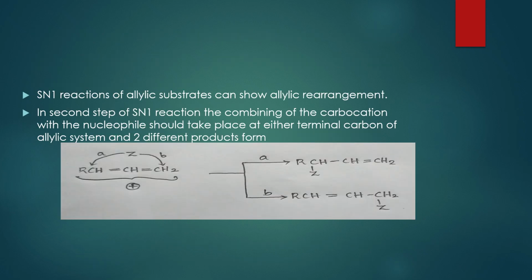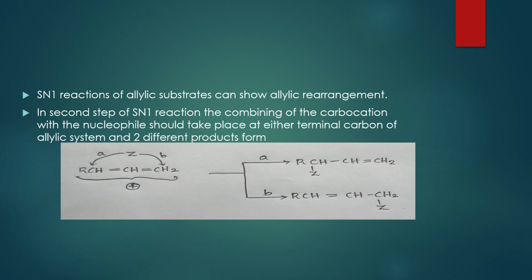SN1 reactions of allylic substrates can show allylic rearrangement. We know in the first step of an SN1 reaction carbocations will be formed. The carbocation formed in an allylic substrate is an allylic carbocation. So the allylic carbocation can undergo rearrangement where the position of the double bond and the position of the positive charge can alter between two structures.